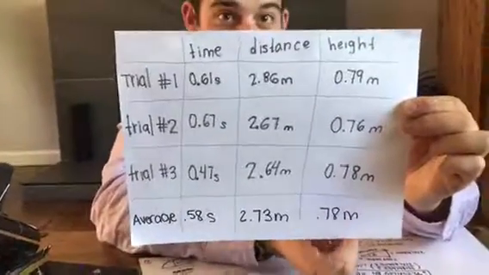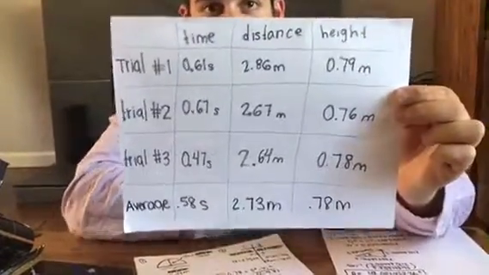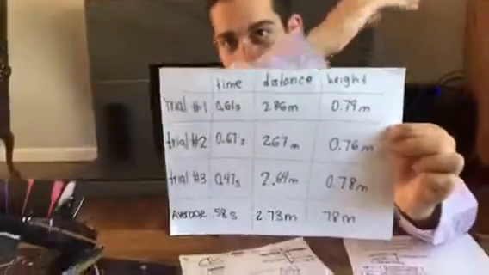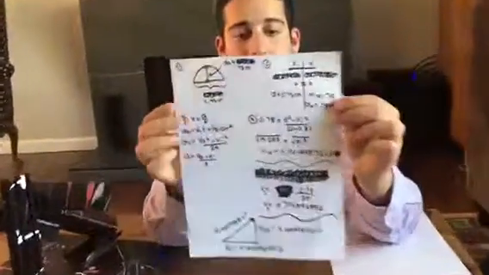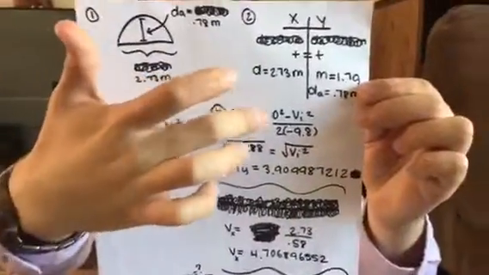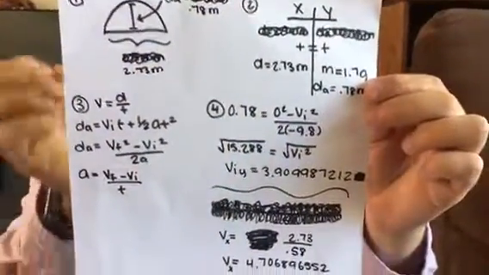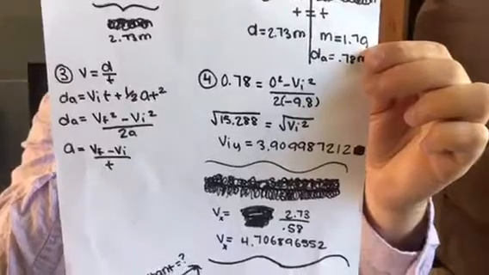We did our calculations by finding the vertical initial velocity and horizontal velocity of the trajectory of the ping pong ball in order to later find the resultant velocity. In order to find the vertical initial velocity, we used the equation d sub a equals final velocity squared minus initial velocity squared, all over 2 times the acceleration.